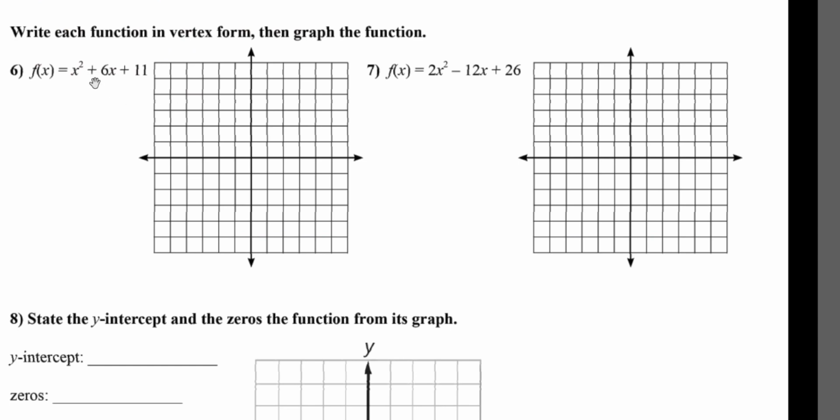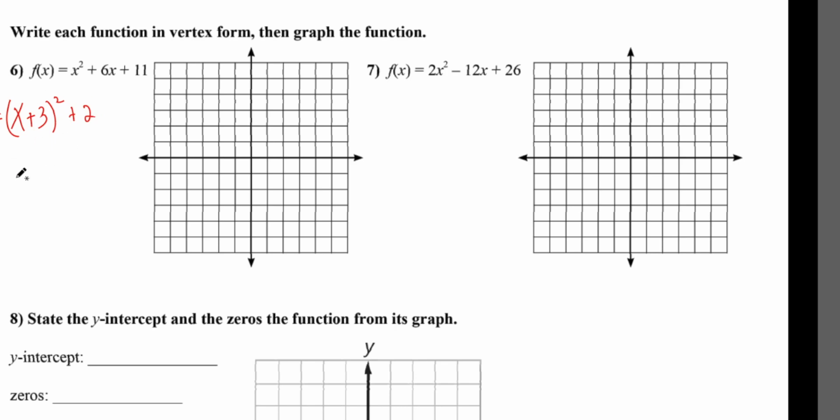Same thing here. You're going to do the same thing that we just did, and you're going to graph it. So I'm just going to save you some time. If you put it into that vertex form, you get x plus 3 squared plus 2. All right, so f of x equals this. So how would I graph this? Well, first of all, the best thing to do is to find the vertex.